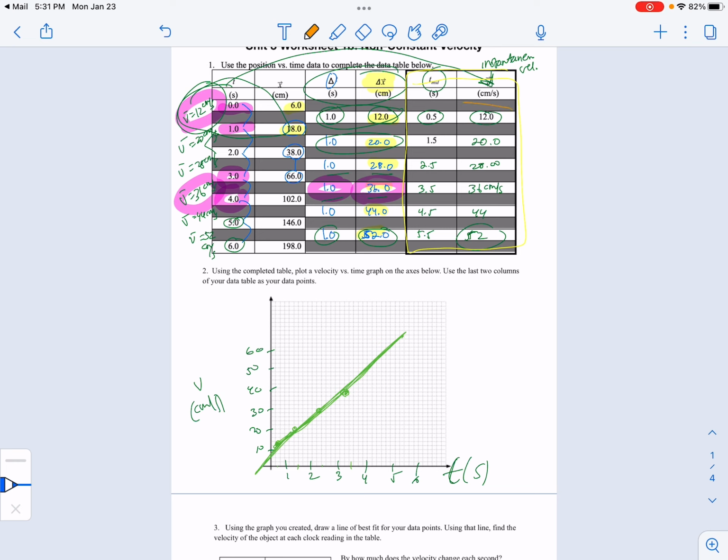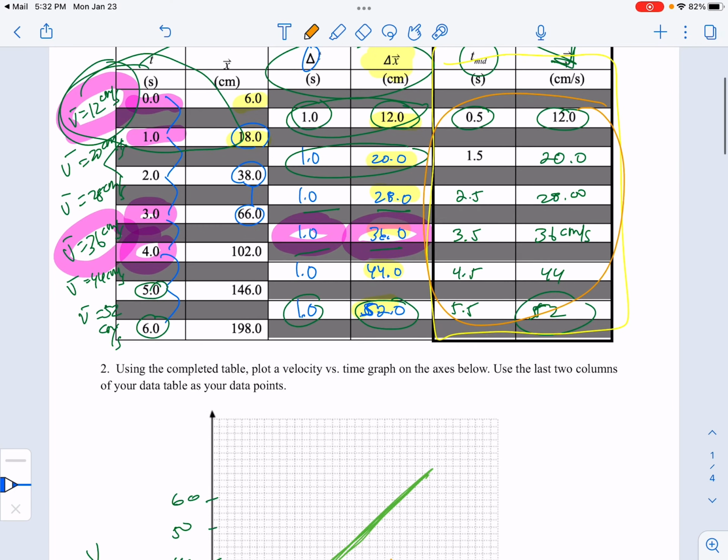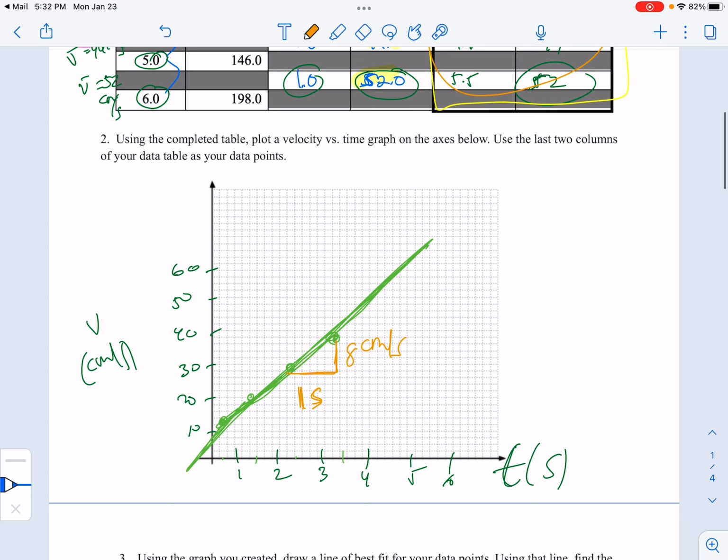This data tells me that every time I go over by 1 second, my velocity goes up by 8 centimeters per second. When I count this, 12, another second later it's 8 more, another second later 8 more, another second later 8 more. So this slope becomes 8 centimeters per second every second.